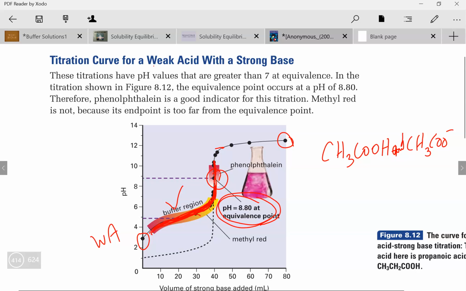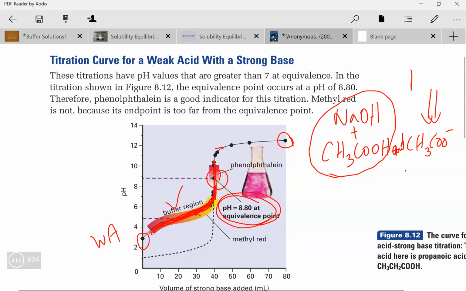Again, you're adding, let's say, sodium hydroxide to acetic acid. At the equivalence point, these are going to be equal to each other, but you still have the acetate ion, which is going to act as a base, and therefore you have a basic equivalence point. You'll get a basic salt being produced, with Na+, right? That causes the equivalence point to be basic, and so we have to use phenolphthalein as an indicator because that end point is very near the equivalence point.